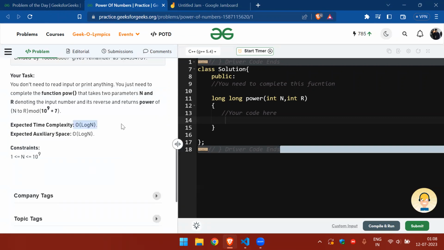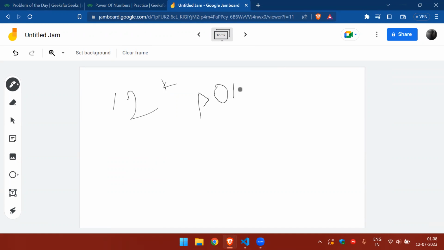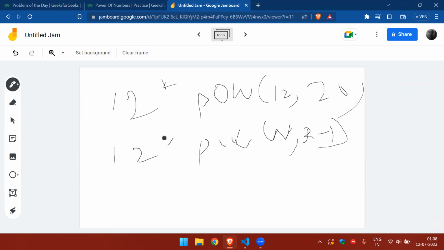Now let us look at the time constraint. We have to solve this problem in log n time complexity. If you use brute force recursion, you will be calling the recursion like this: 12 multiplied by power of 12 comma 20, which means power of n comma r minus 1, because you have handled the first case, right?